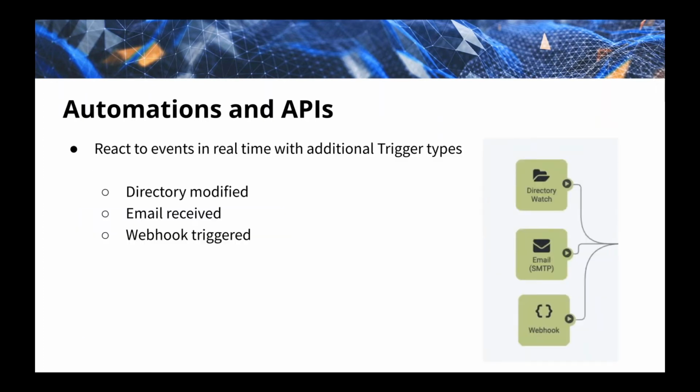In addition to that, which we won't get into too much today, we also have a lot of other types of triggers that you can use in automations to kick off your workflows. Some common examples would be things like a directory watch. You can have FME Server monitor a location, a shared file path or something like that. We also have ones for FTP sites and a few other file storage types.